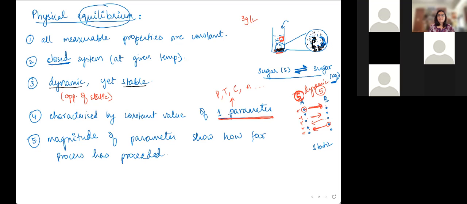The one parameter that ends up being constant when the equilibrium is established, if you keep measuring it at constant time intervals, you can figure out how far the process has gone.